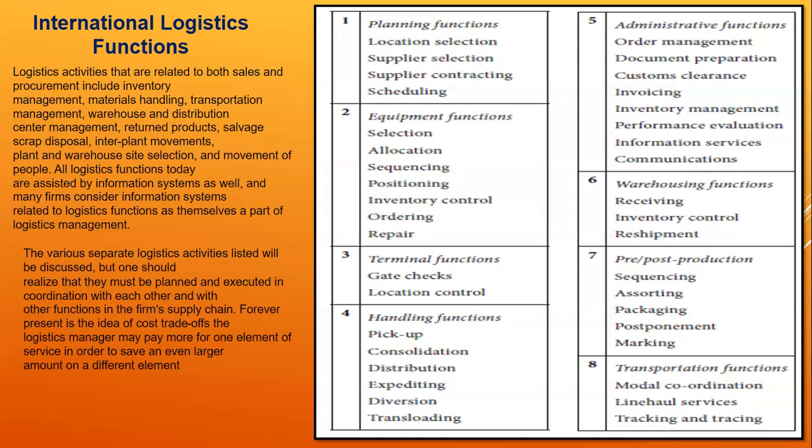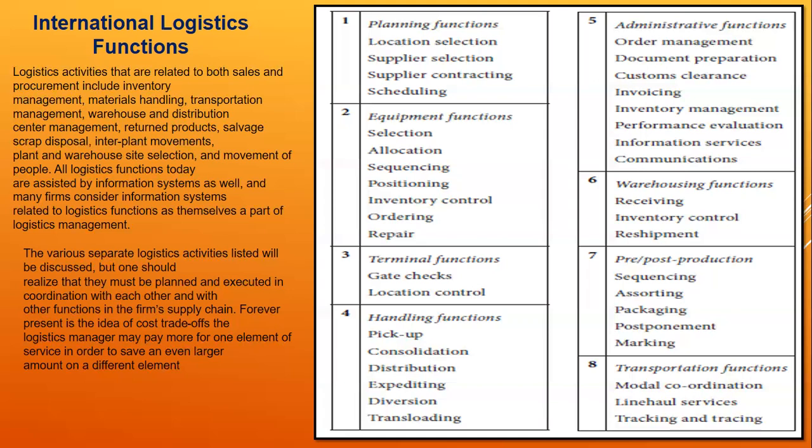Now point number 7 is the part in which warehousing covers pre and post production sequence: sequencing, sorting, packing, postponement, and marking. These are also important functions, just like pre and post production, and they need to be handled in international logistic function.